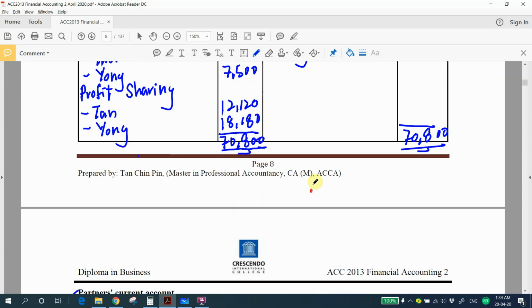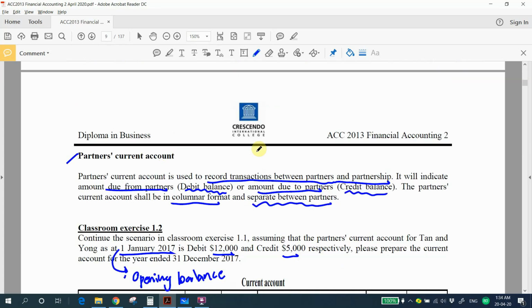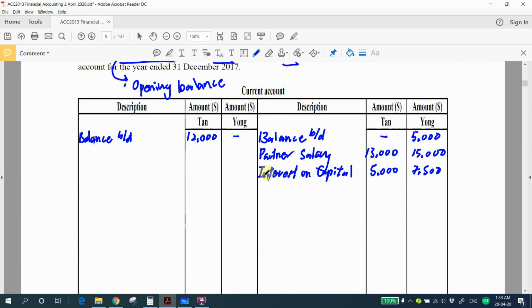Next, we record the profit sharing. So when we complete the credit side, we record the transaction on the debit side.